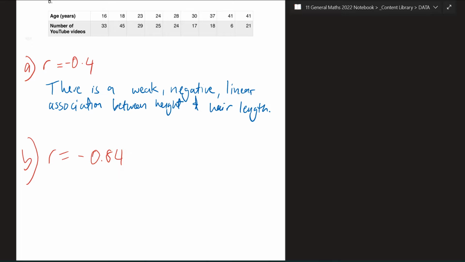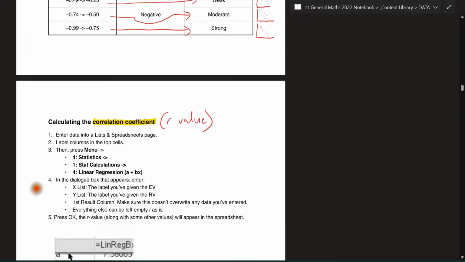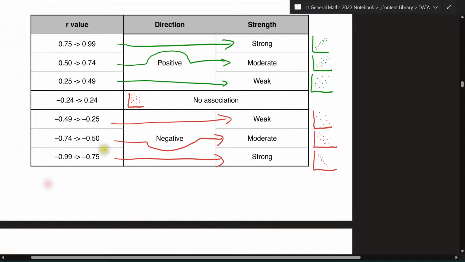Okay, so now let's describe the association. It's a negative. Look at the number, a negative 0.84 falls between this variable here, so it's quite strong.